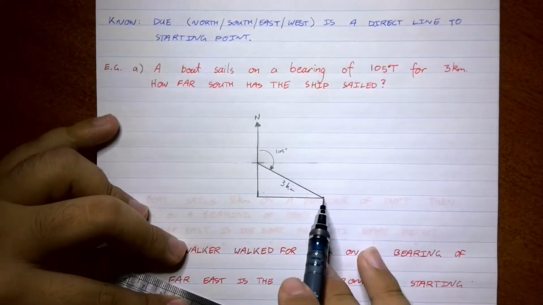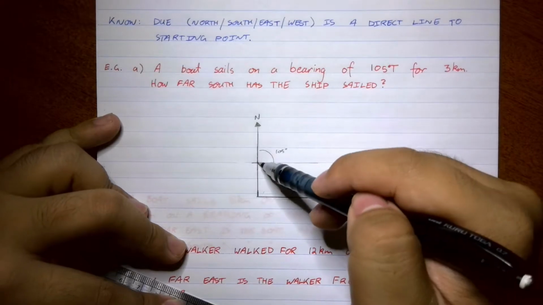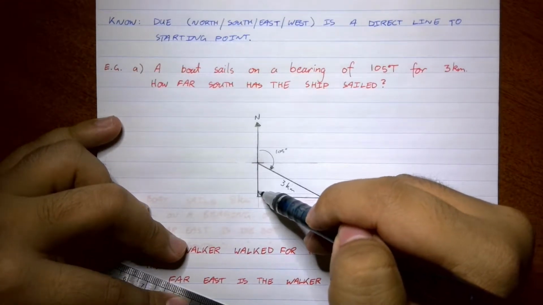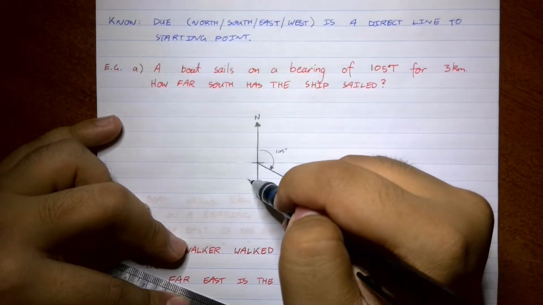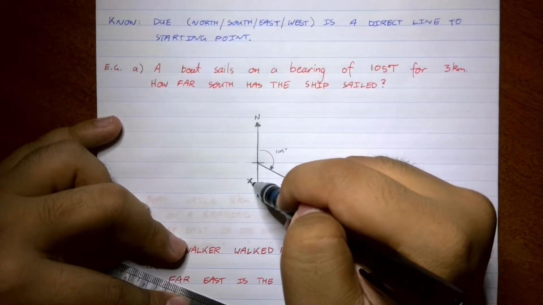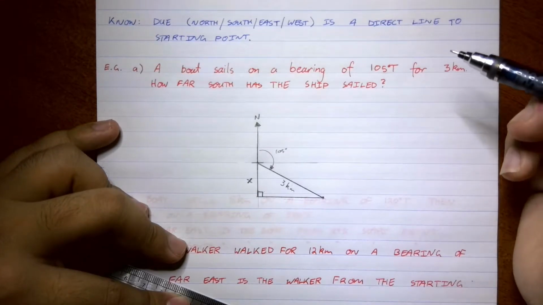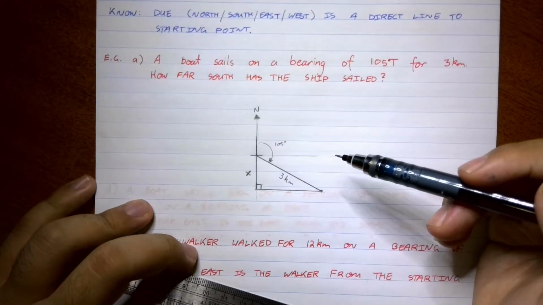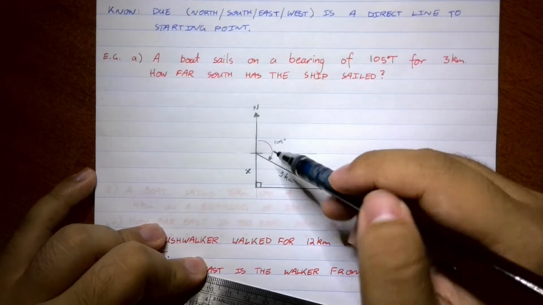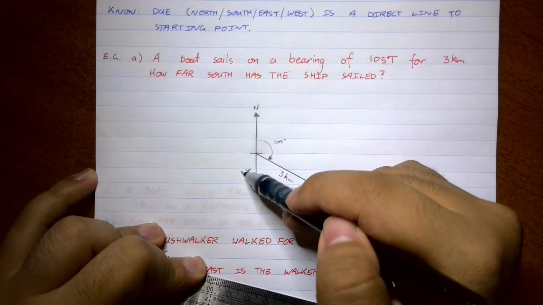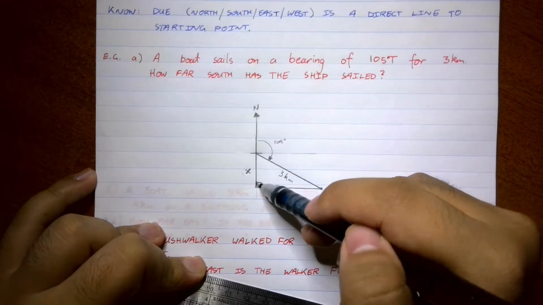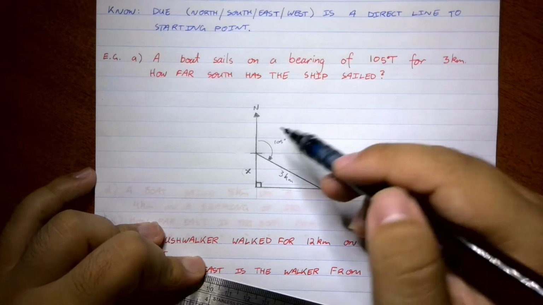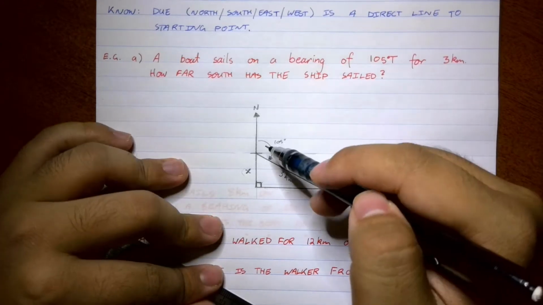So if we draw a line perpendicular to this way, which is south, what the question is really asking of us now is this length here, x. As you can see, we are developing a right angle triangle where we have one side and the hypotenuse, because if this is 90 degrees, the hypotenuse is this length here. So all we need now is an angle.